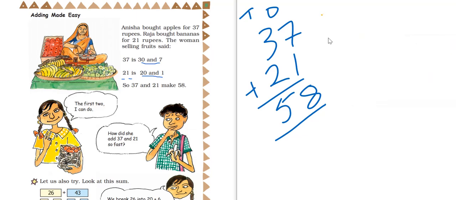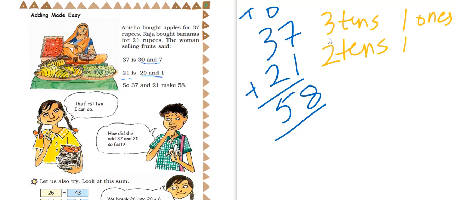37 is 3 tens and 1 ones. Right? Now 21 is 2 tens and 1 one. Okay? I think I messed up here. 37 is 3 tens and 7 ones.